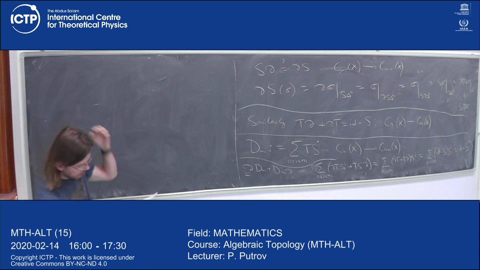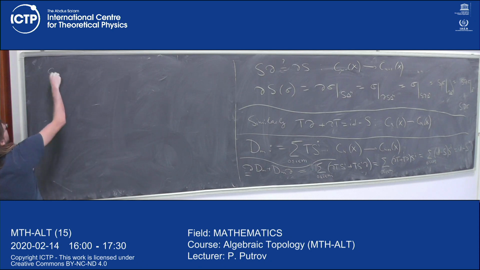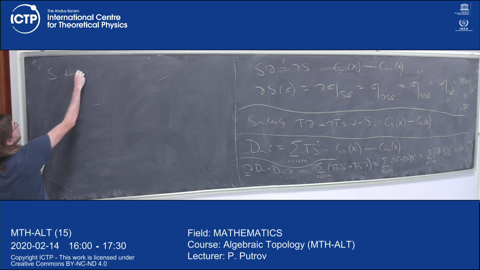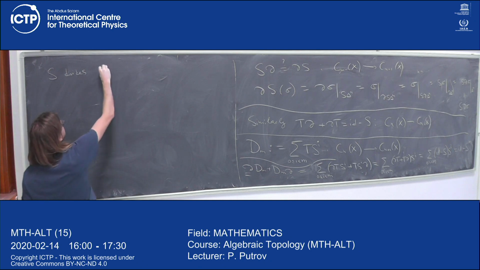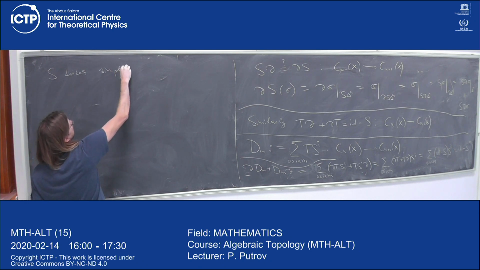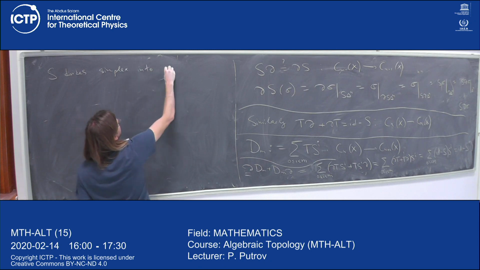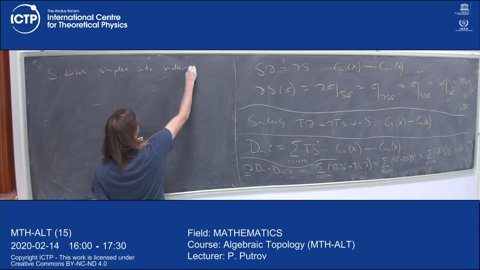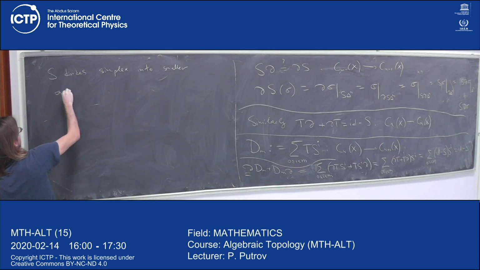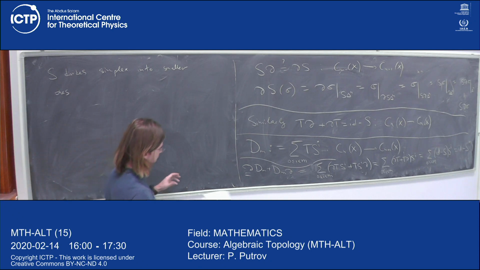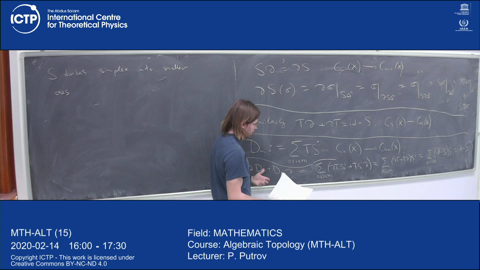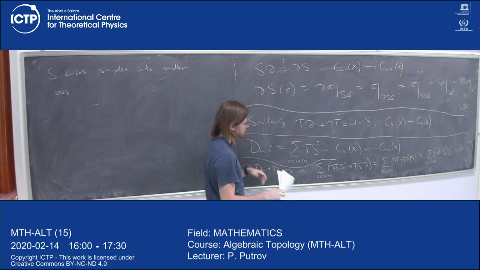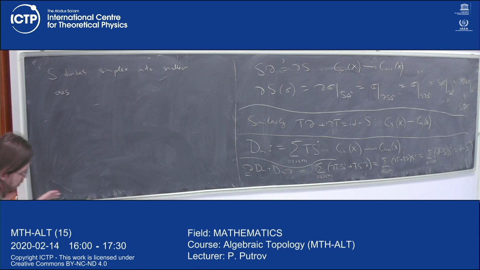So what does it mean? We already saw the geometric meaning of S. S divides a simplex into smaller ones, meaning that it takes a simplex and gives me a linear combination of small simplices which appear in the barycentric subdivision. So if I apply it multiple times, the subdivision will be finer and finer.